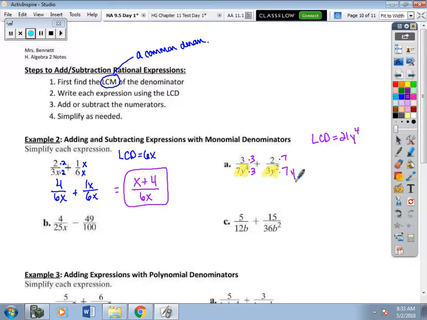Sam? Squared. Yep. So this will get me 9 over 21y to the 4th plus 14y squared over 21y to the 4th. And again, we cannot actually combine these, but we can write them together over one fraction, which would be 14y squared plus 9 all over 21y to the fourth.